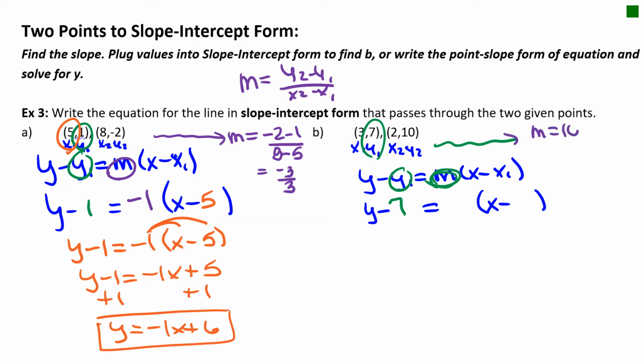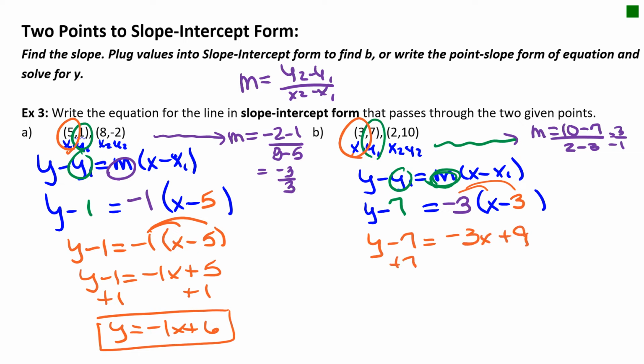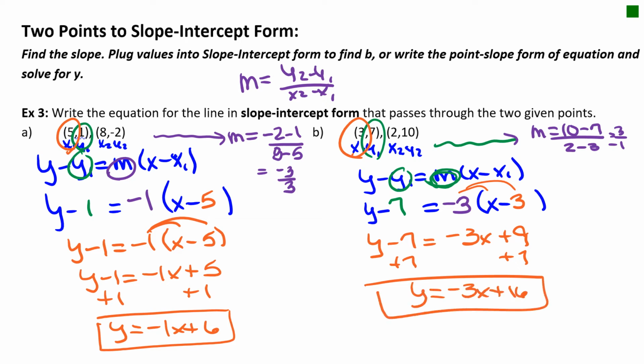Slope is y2 minus y1 over x2 minus x1. 3 over negative 1, so I'm going to put negative 3 there. I want x1, which is 3. I'm going to distribute. y minus 7 equals negative 3x plus 9, and I'm going to add 7. So y is going to equal negative 3x plus 16.